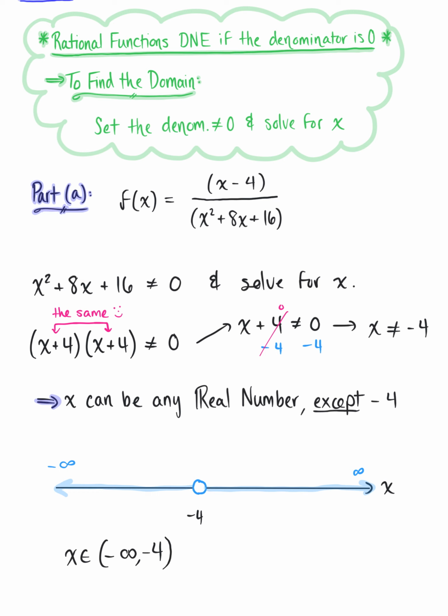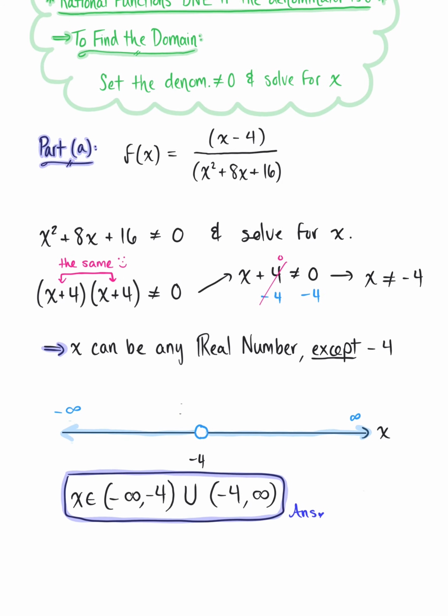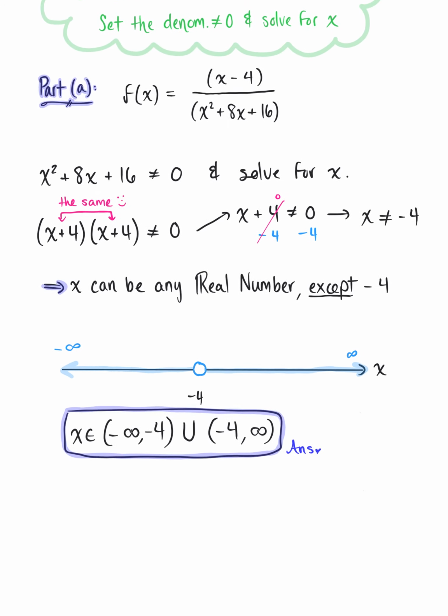And on the other side of negative 4, we have the similar idea. x could be anything strictly greater than negative 4, moving in that infinitely positive direction. So then last but not least, we need to unite these two intervals using our union symbol. So there you have it. This is our domain in interval notation for part A.